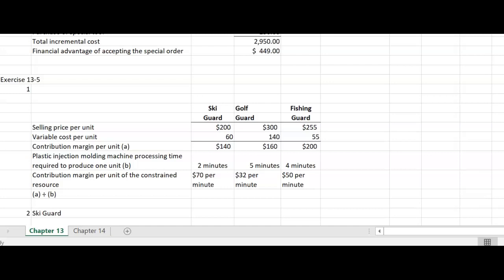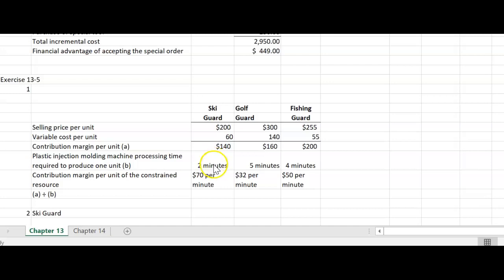Okay, so in order to do that, we're going to look at the Ski Guard and calculate the contribution margin. For the Ski Guard, the contribution margin is $140. Using the molding machine process, we are going to calculate the contribution margin per unit of the constrained resource, which is the molding machine time.